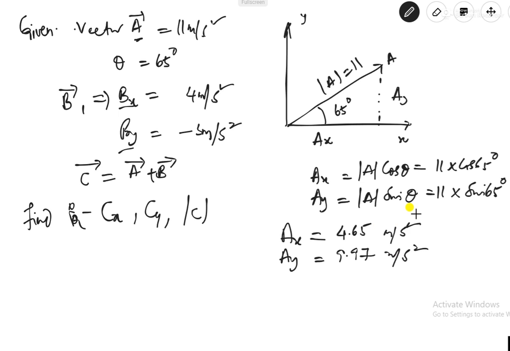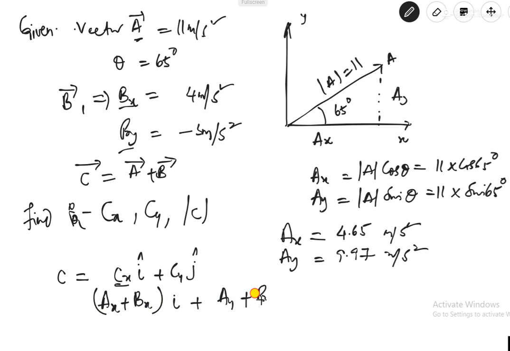So now we know what C is. C is equal to Cx i plus Cy j, in components format, and C is A plus B. So Cx will be Ax plus Bx, in the direction of i. Similarly, Cy will be Ay plus By, in the direction of j.